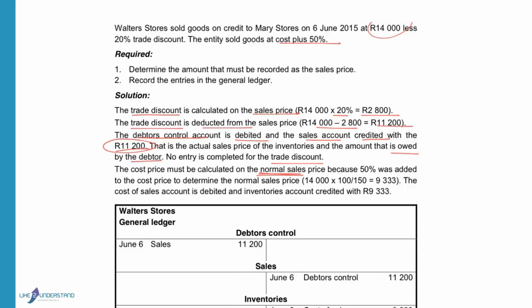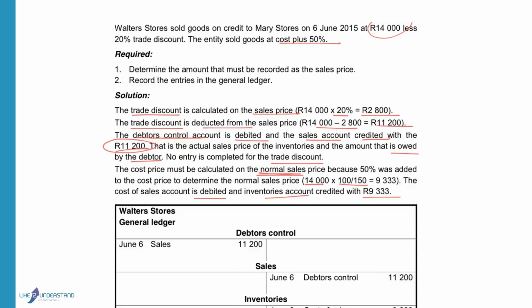So I will take the 14,000 times 100 divided by 150, and that will give me the cost of sales price, and cost of sales expense will be debited. Inventory account will be credited with the 9,333 because we don't have this inventory anymore, so we want to reduce our inventory.